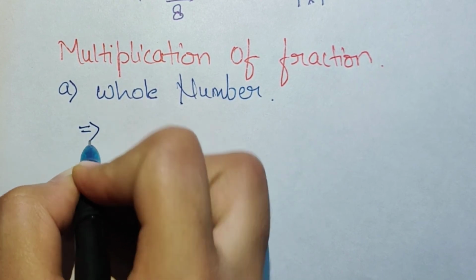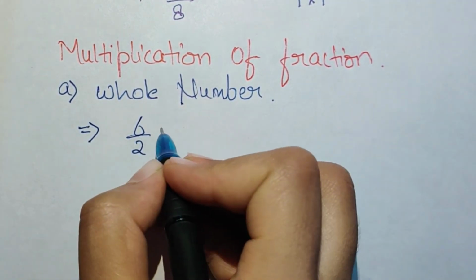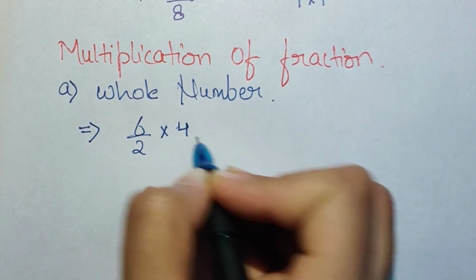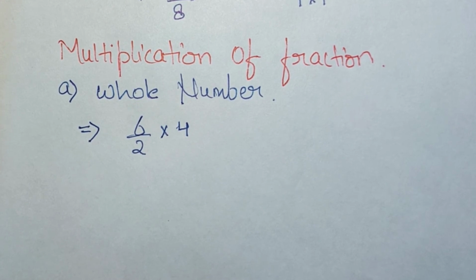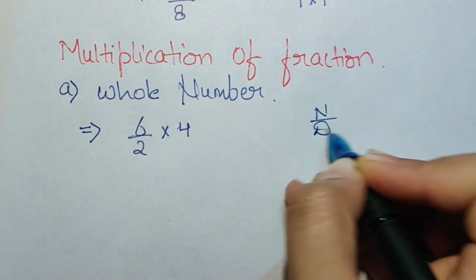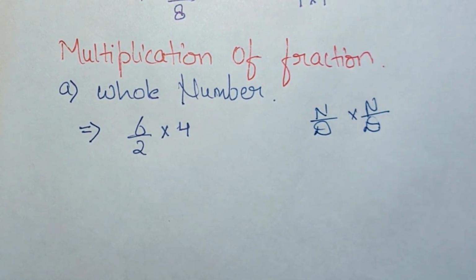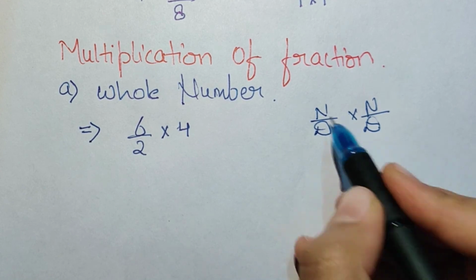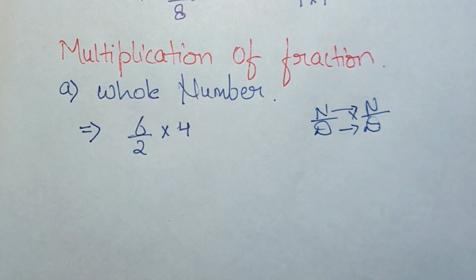So let us take an example. 6 upon 2 is our fraction here and we'll multiply it with a whole number. Now next you will understand if there are two fractions, numerator upon denominator into numerator upon denominator, then it is very easy to solve it, we multiply numerator to numerator and denominator to denominator.